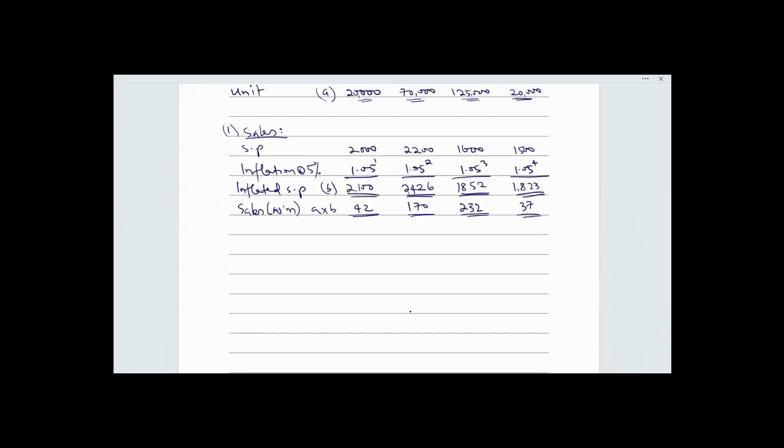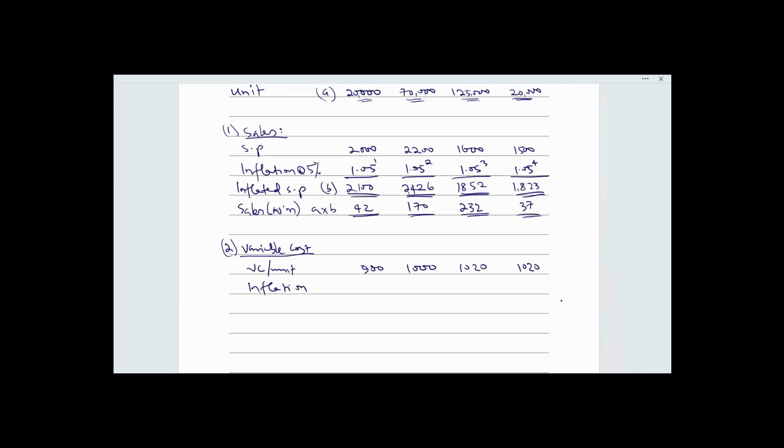Working number 2, variable cost per unit: 900, 1,000, 1,000, 1,020, 1,020.